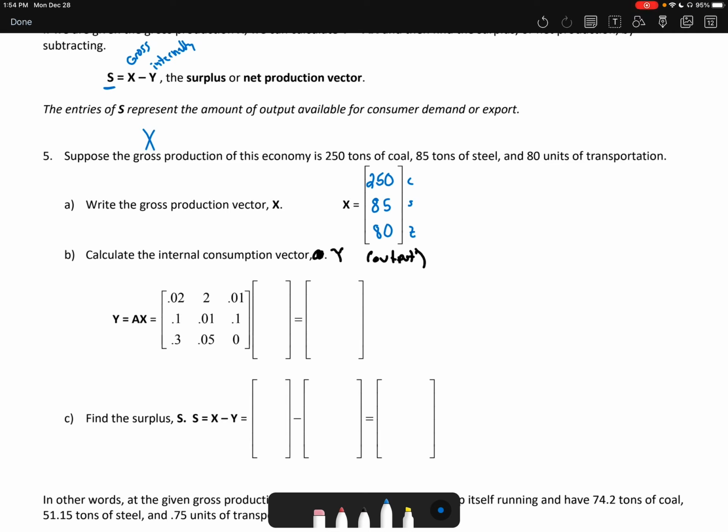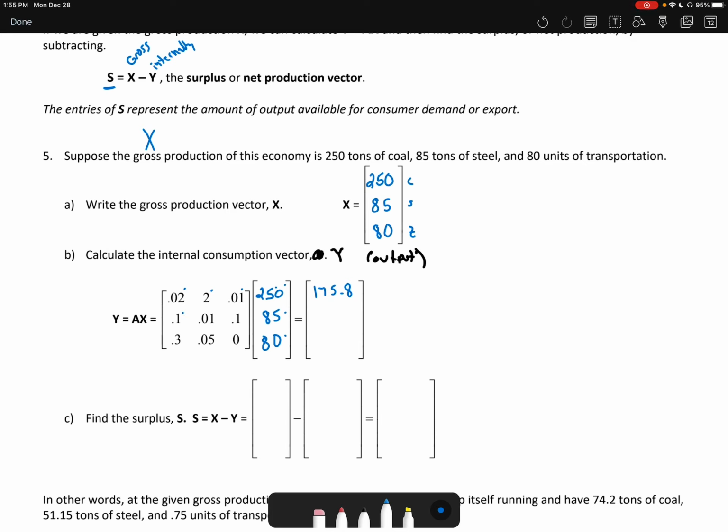In order to do that, we take A times X. You can do this in your calculator if you wish, or you can do it by hand, but you're going to multiply these together. So you take 0.02 times 250 plus 2 times 85 plus 0.01 times 80 and find out what that comes out to. That comes out to approximately 175.8.